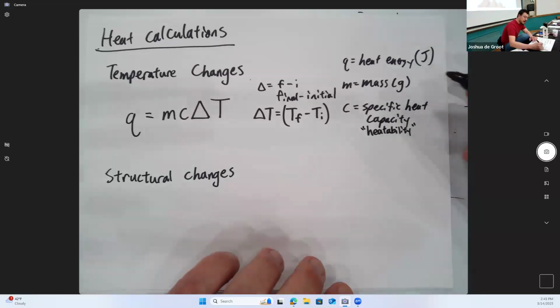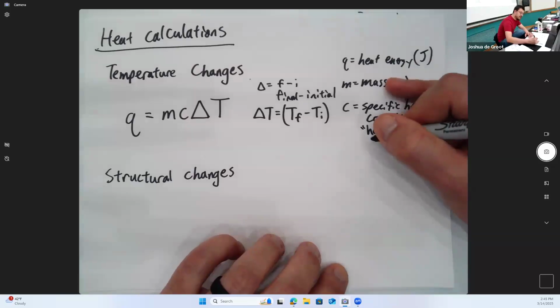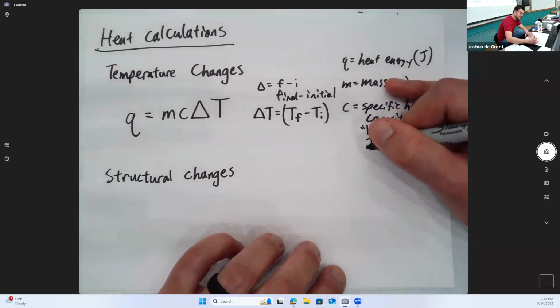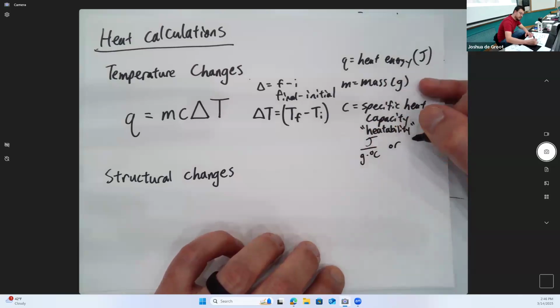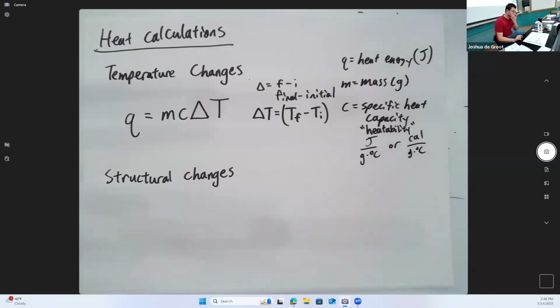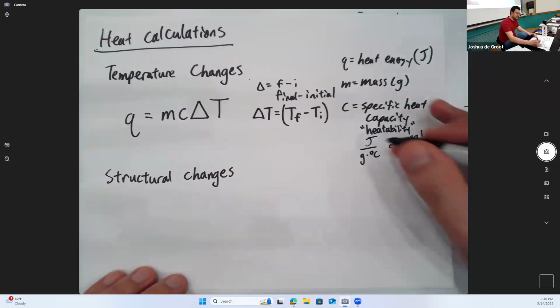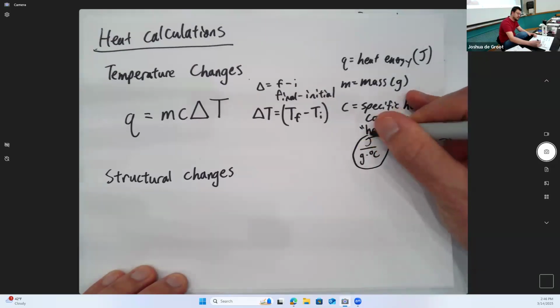Okay. Specific heat is going to have units of joules per gram degrees Celsius, or in lab, you had calories. Okay, for today, we're going to stick with the joules.